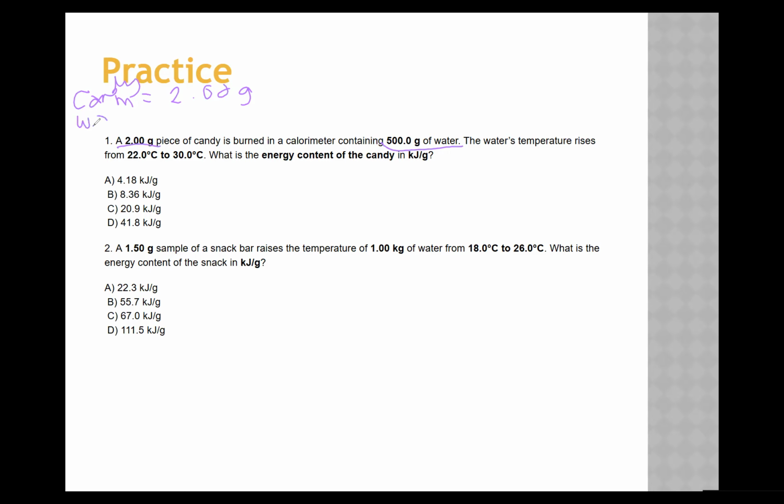The water mass equals 500 grams. The water's temperature rises from 22 degrees Celsius to 30 degrees Celsius. What's the energy content of the candy in kilojoules per gram? So we're looking for kilojoules per gram.